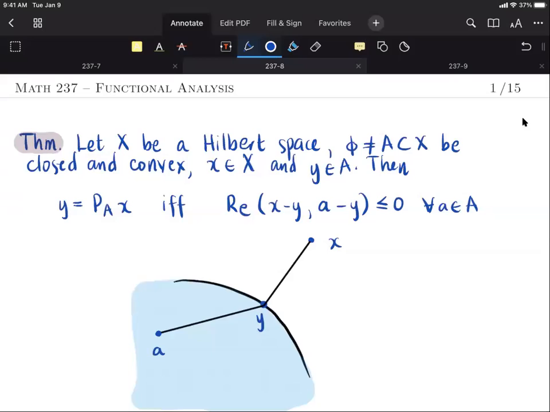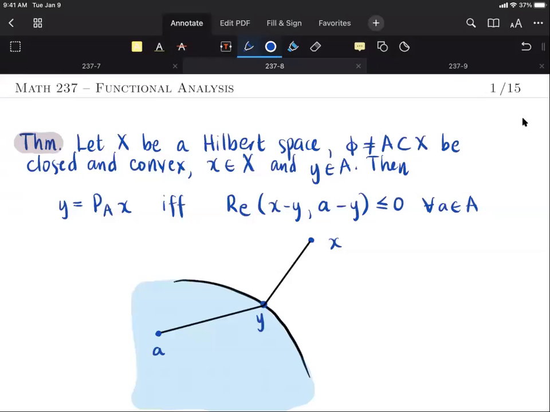Then y is the projection of x onto A if and only if the real part of the inner product between x minus y and a minus y is less than or equal to 0 for any a in the set capital A.